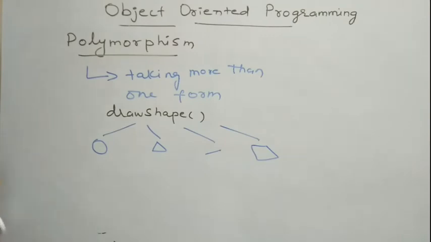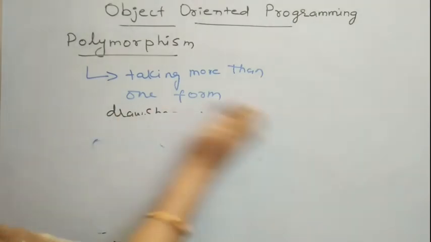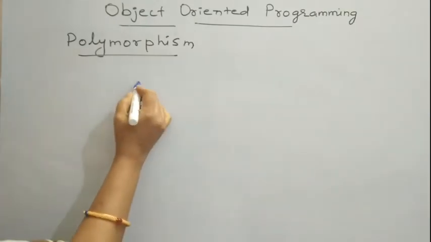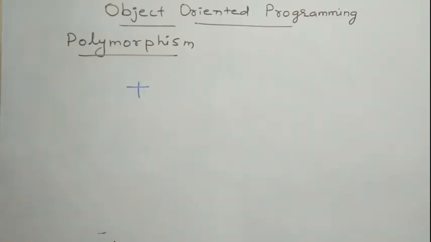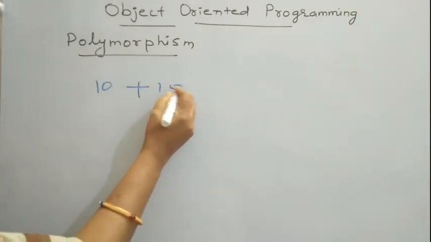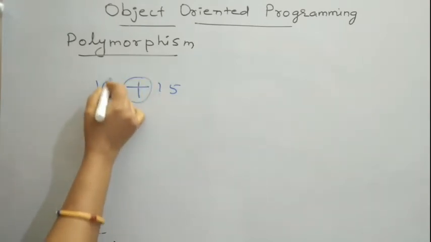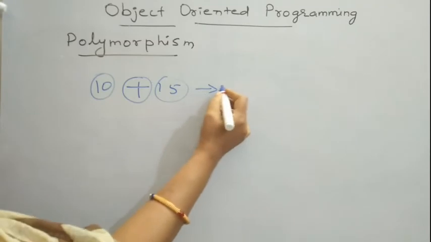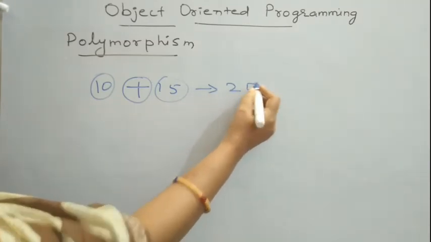That is called polymorphism. For example, take the operation plus. This operation may be implemented in different ways in different instances. If I add 10 and 15, the plus operation takes two integer operands and prints the result 25.